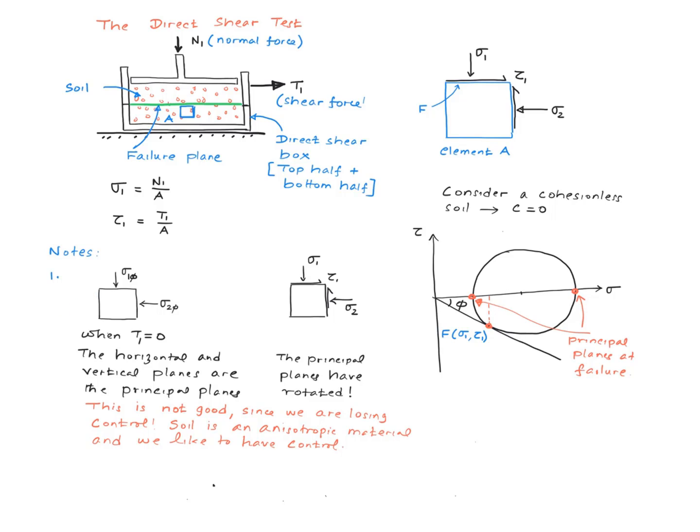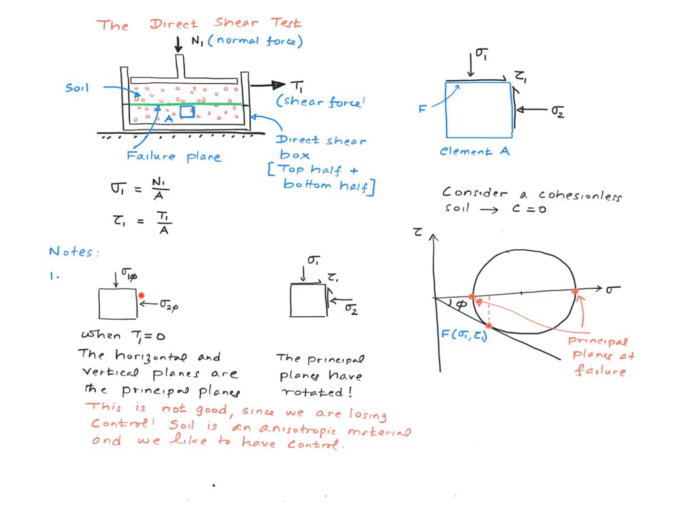Number one, the principal stresses and principal planes are rotating continuously during the test starting from the beginning. In the beginning, we put the soil in here and apply the vertical stress, right? So then this and this are the principal planes.